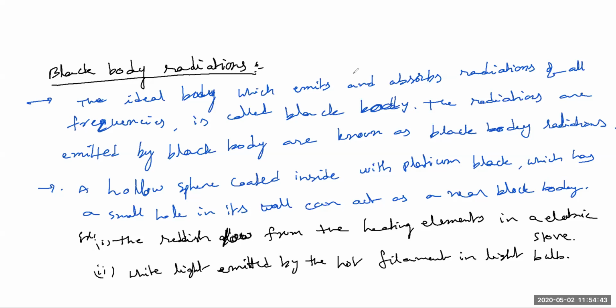Planck's quantum theory is next, based on the black body only. Wave theory failed to explain black body radiation, so Planck's quantum theory explains black body radiations. After that, Einstein's photoelectric effect. After the photoelectric effect, we enter into the atomic spectrum, and after that, Bohr's atomic model we'll discuss.